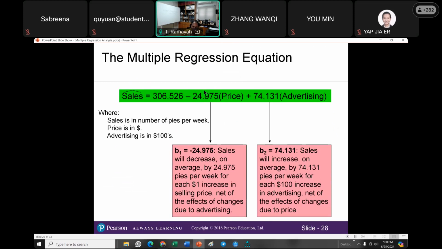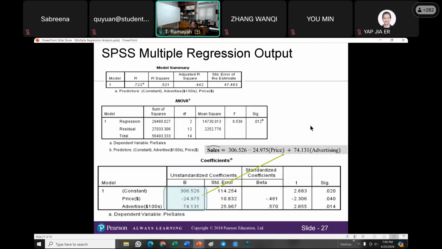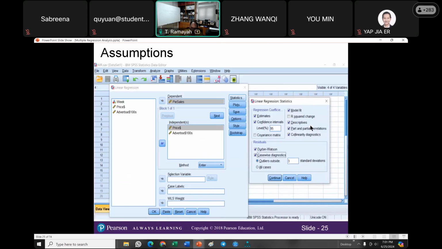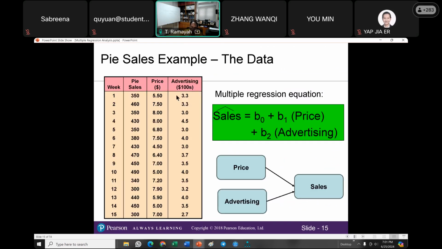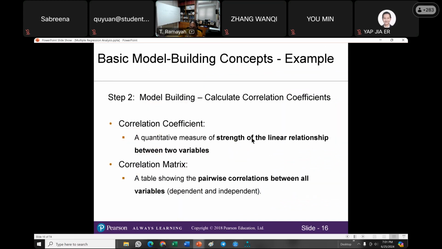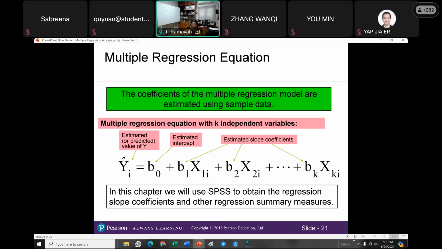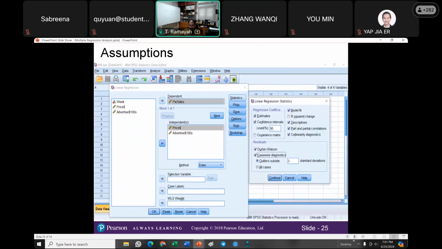If your advertising increases by $1, you will get a sales increase of 74. And this advertising, we have already looked at it here, right? The advertising is actually in hundreds. So if we say $1 increase, it is actually 100. So this is how you interpret the B1 and B2.